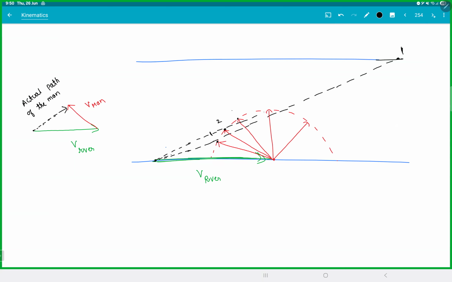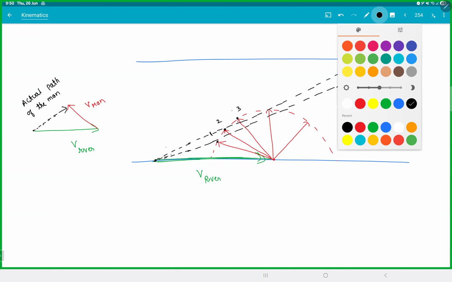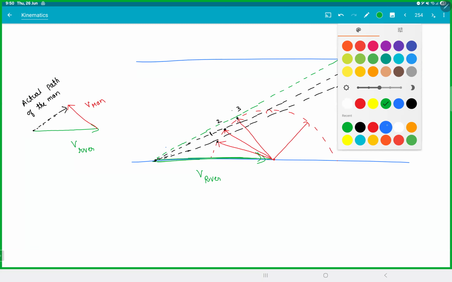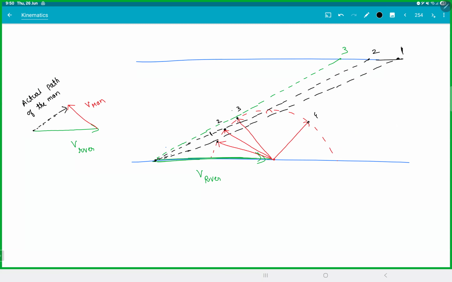It means if you take the river at point 2, you'll reach here. If you take this point 3, you'll notice something. When it just grazes, you will reach point 3. If you choose any other point, let's say this point 4, again you'll go like this.